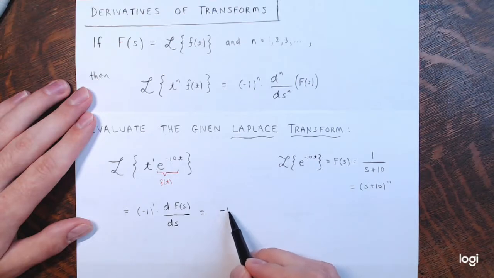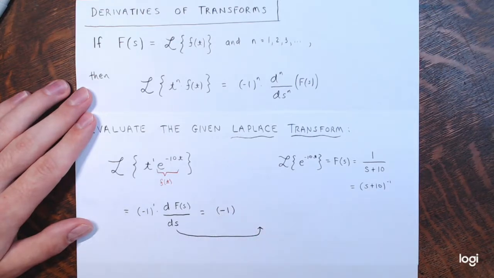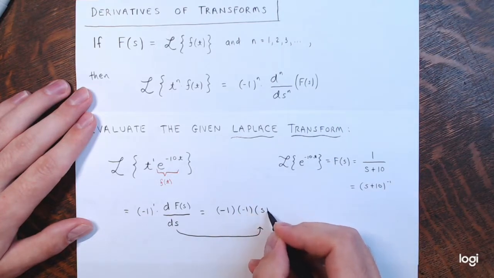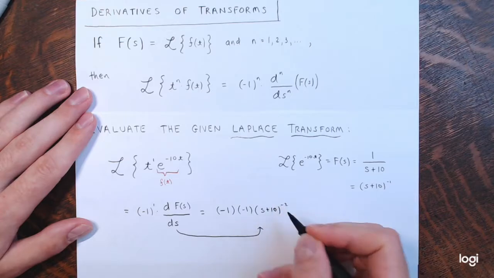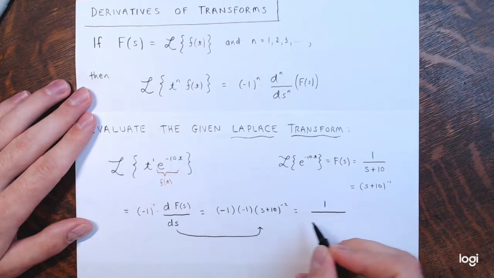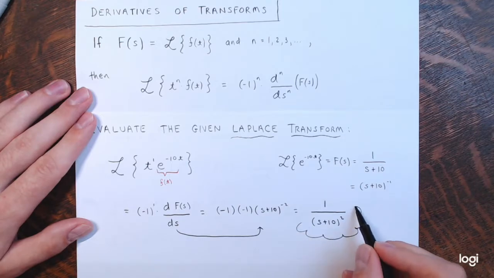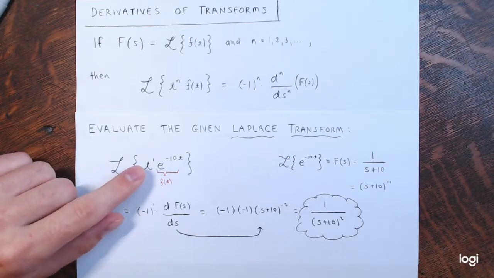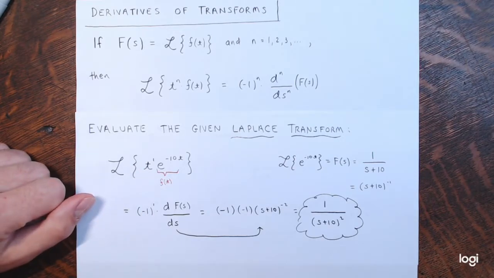So this is -1, and then this first derivative of F of s with respect to s would be -1 times s plus 10 to the -2. So I end up with +1 over the quantity s plus 10 squared. And there you have it. That is the Laplace transform of t times e to the -10t.